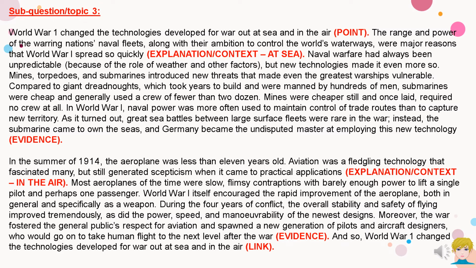As it turned out, great sea battles between large surface fleets were rare in the war. Instead, the submarine came to own the seas, and Germany became the undisputed master at employing this new technology. So there I have provided evidence on how World War I changed technology for war out at sea.